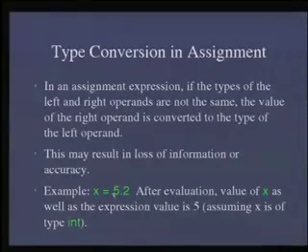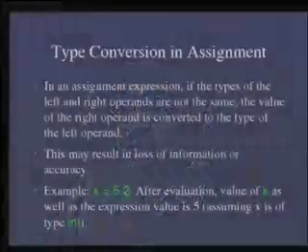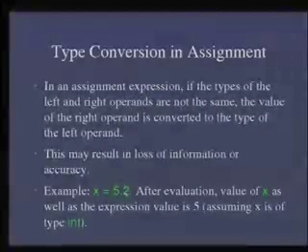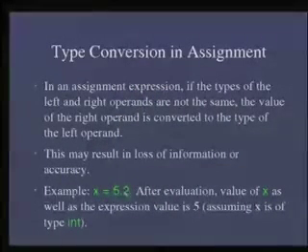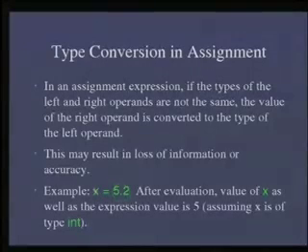That means 5.2, which is double, is going to get converted to an integer before that value is stored in the variable x. Variable x cannot of course store the value 5.2. So when the double value 5.2 is converted to an integer, the fractional part is dropped off and the resultant value is just the integer 5, and that's what gets assigned to x. So in this case, there is a loss of information: from 5.2, the original value, what actually gets assigned to x is just 5.